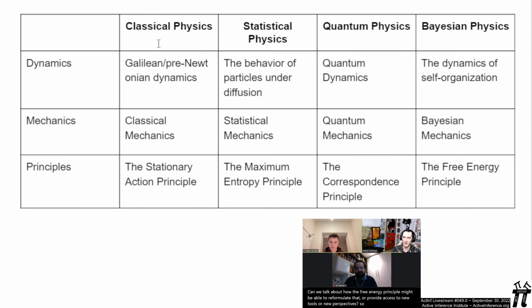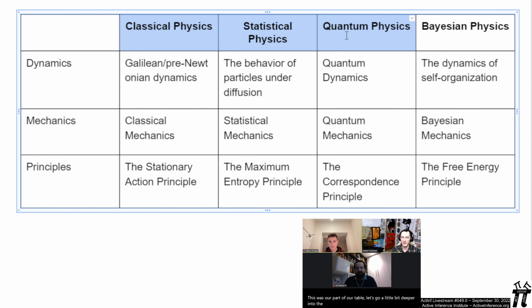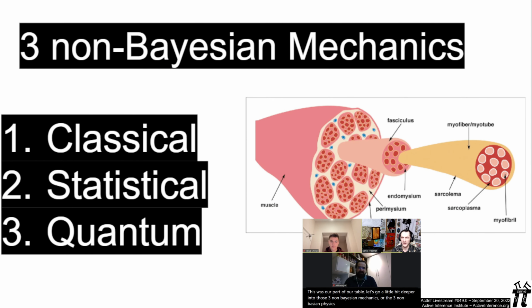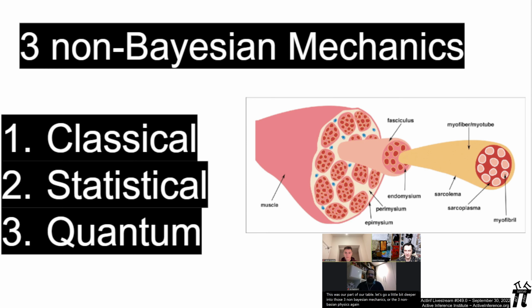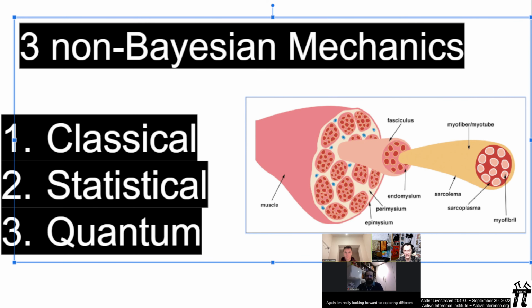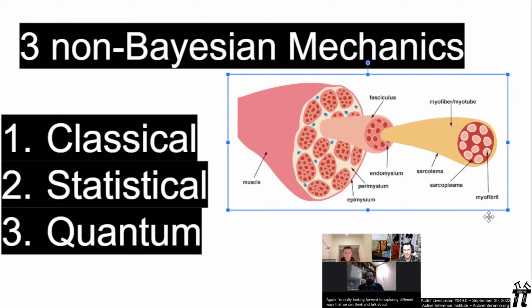So this was part of our table. Let's go a little bit deeper into those three non-Bayesian mechanics, or the three non-Bayesian physics. Again, I'm really looking forward to exploring different ways that we can think and talk about these different physics and mechanics, but just one way to think about how the special case of one physics could be an entire other physics, like Jakob just described.